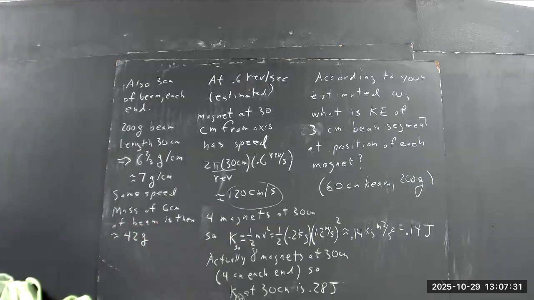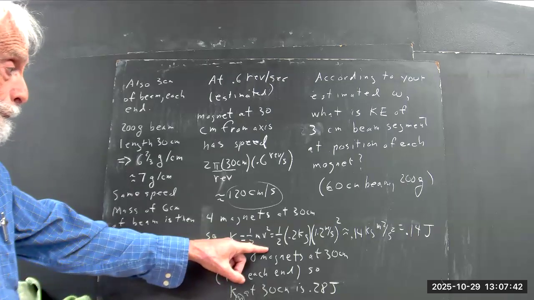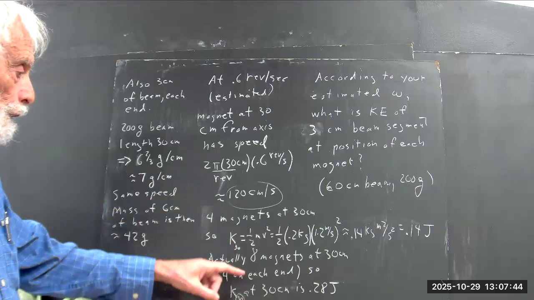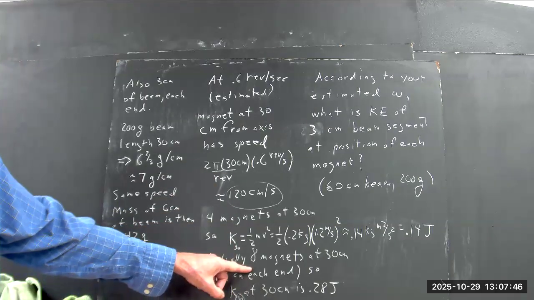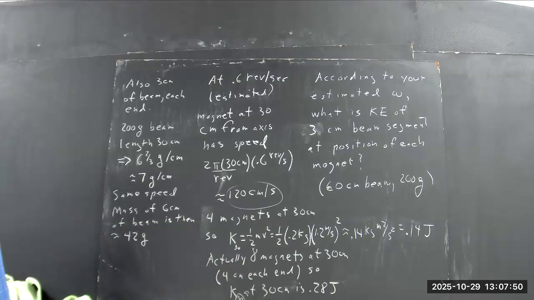Mass of 6 centimeters beams, therefore 42 grams. So that means we really have on both ends together, 8 magnets, that's 400 grams. And we've got 42 grams of beam.